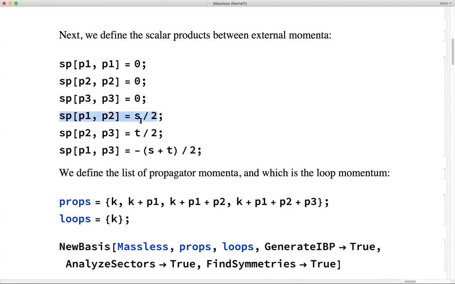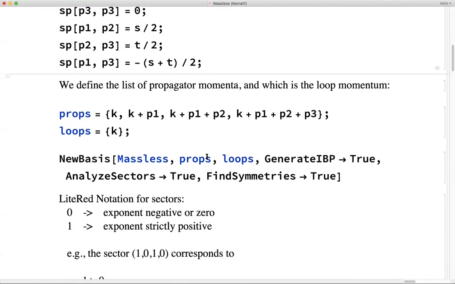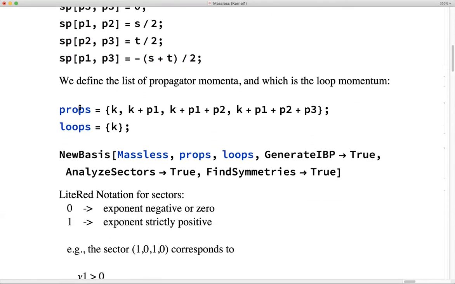P1 dot P2 is S divided by 2, because S is 2 times P1 dot P2, P2 dot P3 is T, P1 dot P3 is U, which is minus S minus T. I have to define my propagators. The propagators are K plus P1, K plus P1 plus P2, K plus P1 plus P2 plus P3. And I have to tell the code that the loop momentum is K, the others are external momenta.